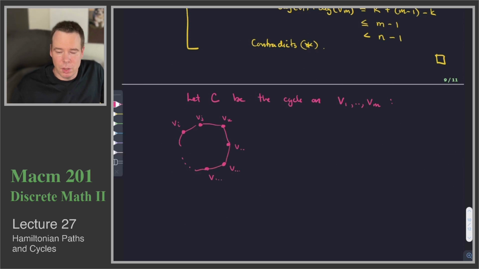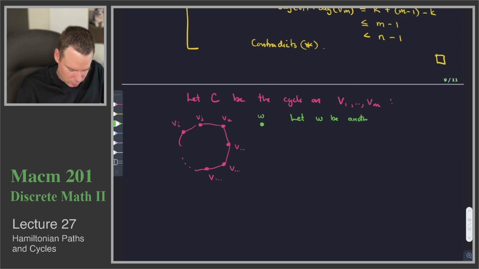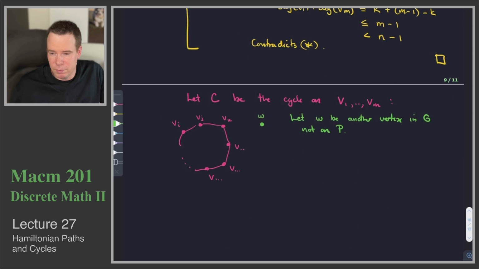And not all the vertices in our graph appear on this cycle. So there must be another vertex somewhere. So let's call it W. So let W be another vertex in G, not on the path P. So it's not one of these vertices V1 through Vm.